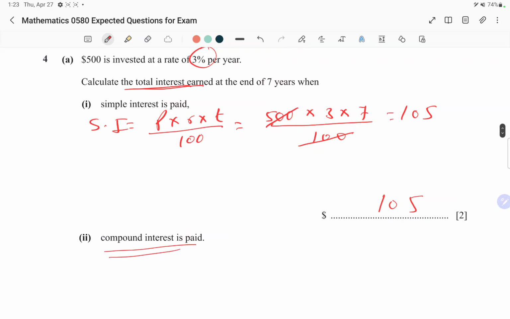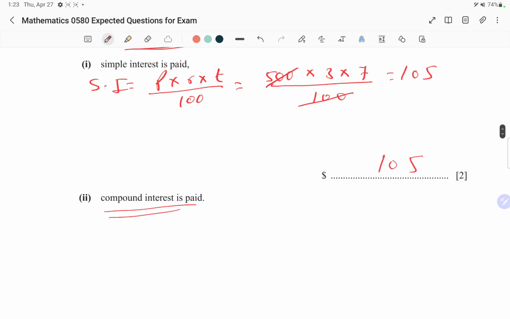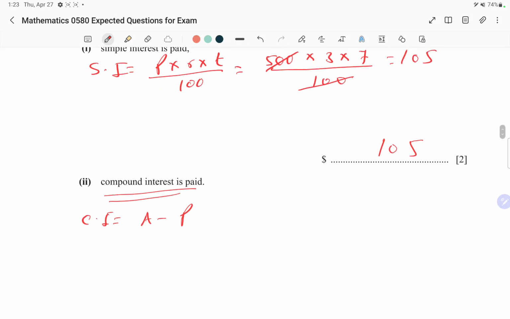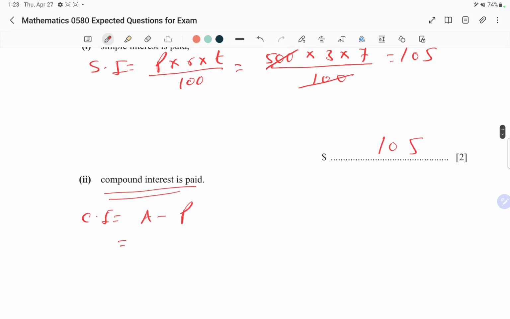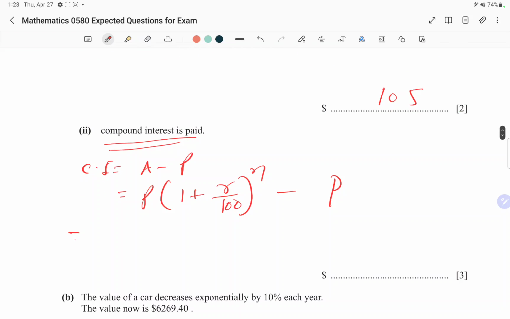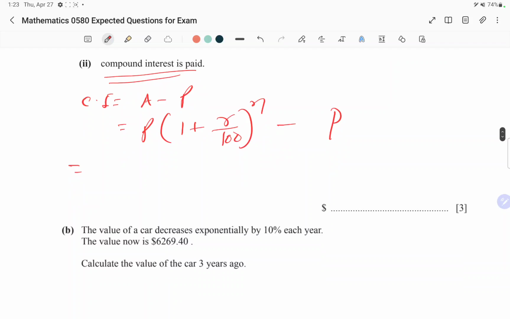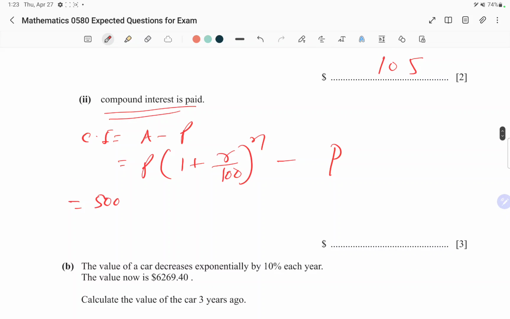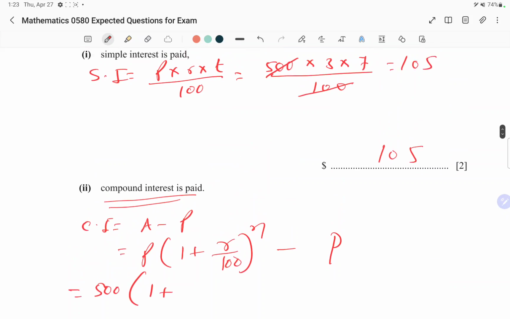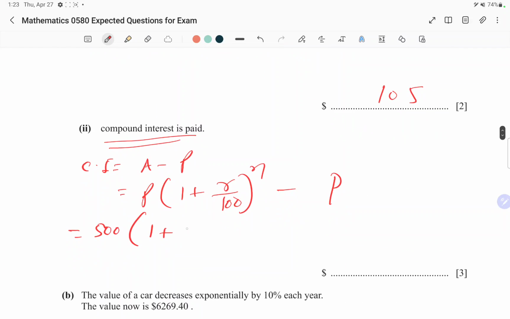Now compound interest, that's very interesting part. Here compound interest is amount minus principal. Now amount has formula, this P bracket 1 plus R over 100 to the power N and then minus P. So what you have, P is 500. So this is 500. 1 plus rate is 3%, so 3 over 100.